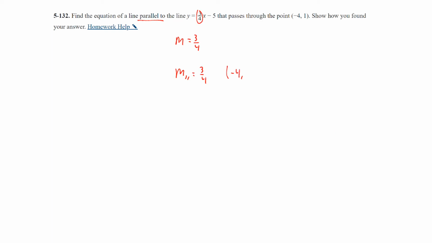And since we know it goes through the point -4, 1, we can use that information to help us find the equation. So I'm plugging into y equals mx plus b. We're going to solve for the y-intercept. We find the y-intercept to be 4. And since we know the slope is 3/4, the equation of the line parallel to that one that goes through -4, 1 would be y equals 3/4 x plus 4.